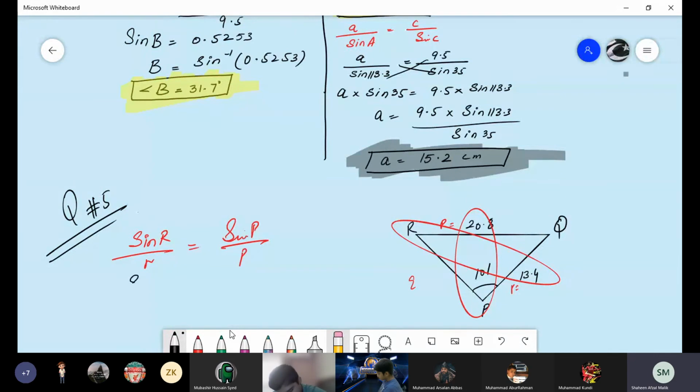So what is sin R? Sin R over 13.4 equals sin 101 over 20.8.